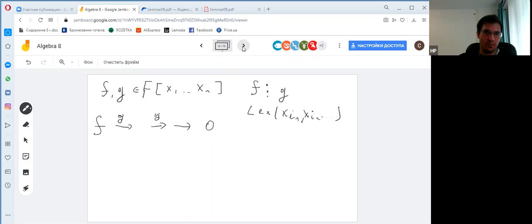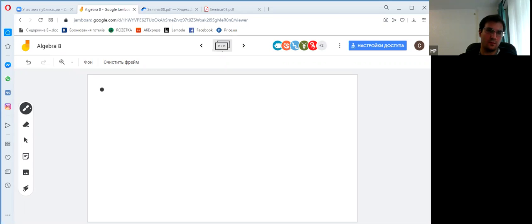Let me give an example. For example, if I have f equal to x plus y multiplied by x minus y, which is of course x squared minus y squared, and g is equal to x plus y.